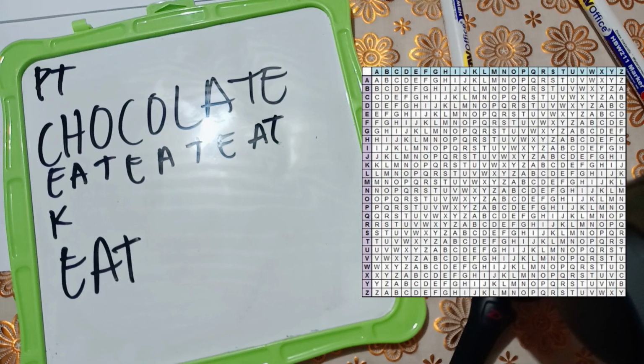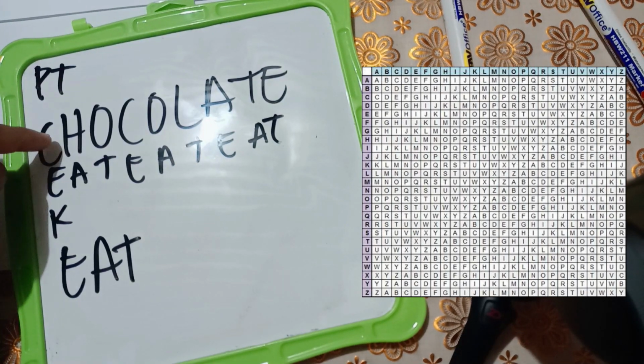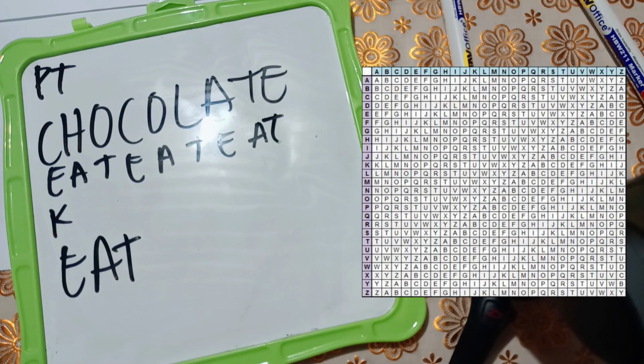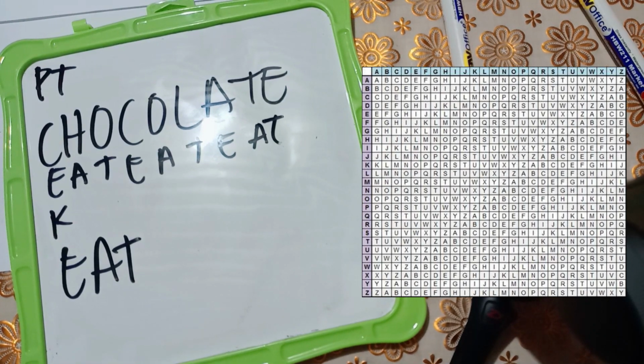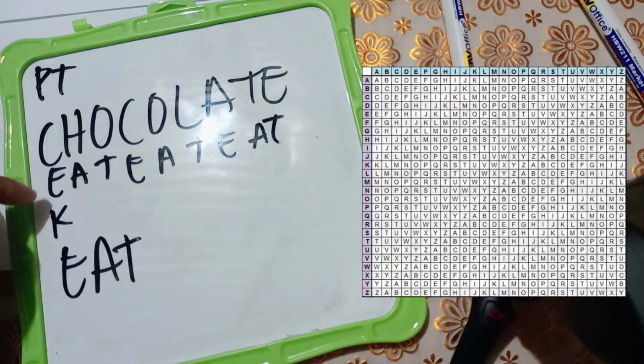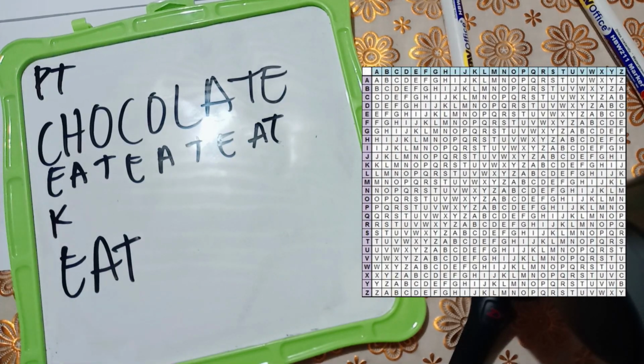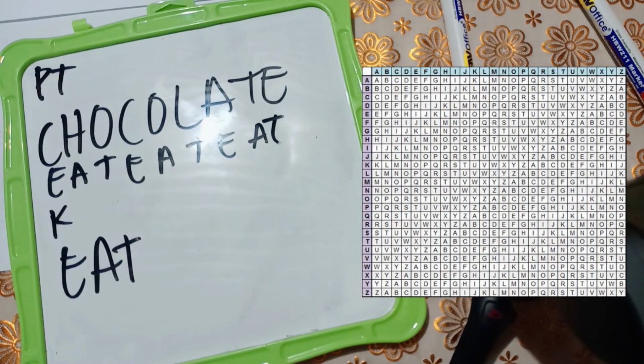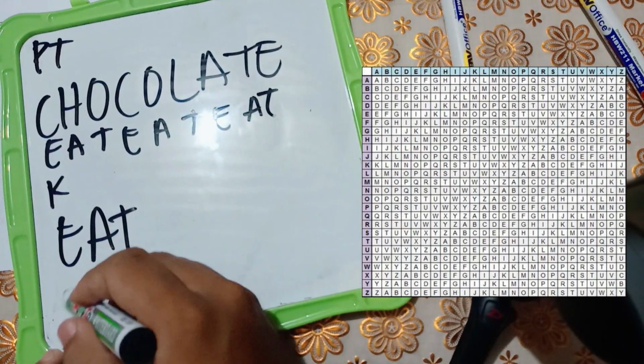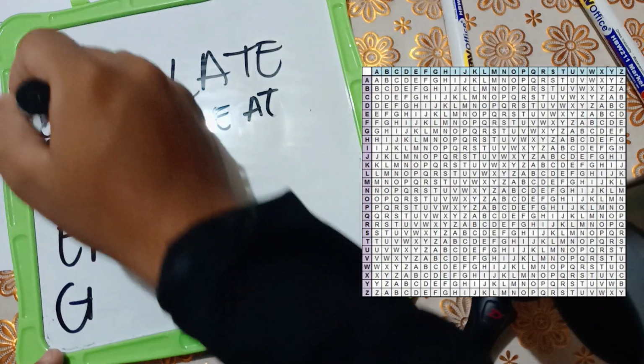The x-axis is the plain text. So again, C. Let's find C on the x-axis. So this is C. And let's now find the A on the y-axis. So C and A, we have C. Here we have C.